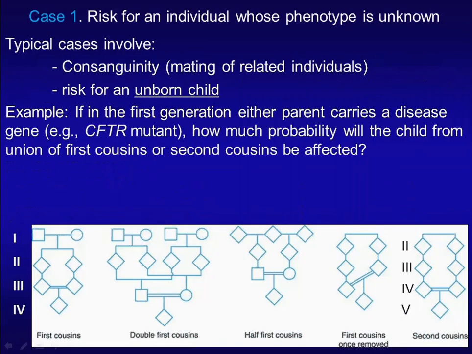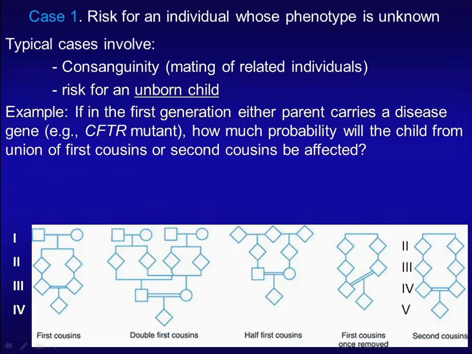MBME requires that students know how to determine recurrence risk under two situations. The first situation involves an unborn child from consanguinity.